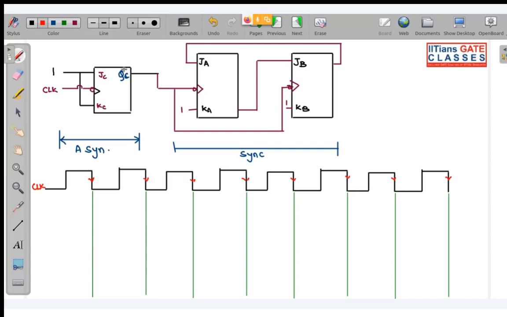So I am assuming initially QC is 0. So if we start from 0, basically it is going to toggle at each of the negative edges of the clock. Okay, so it will look something like this.